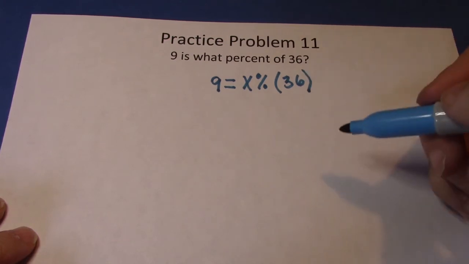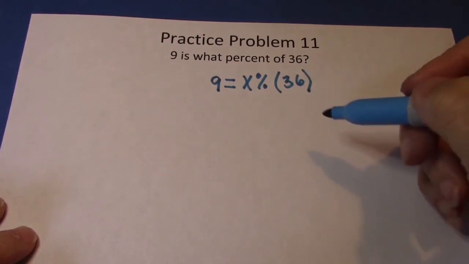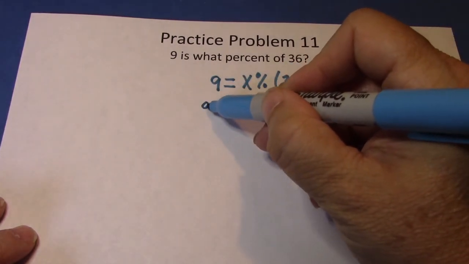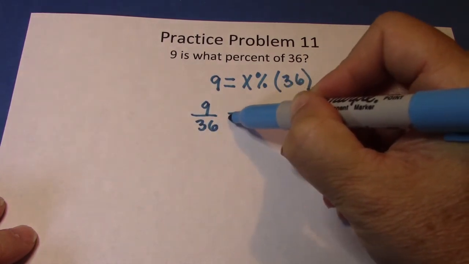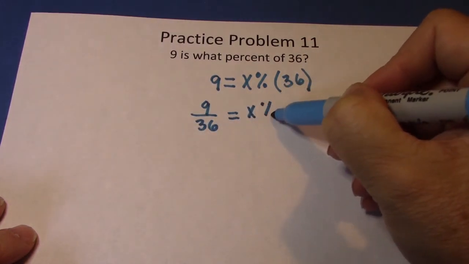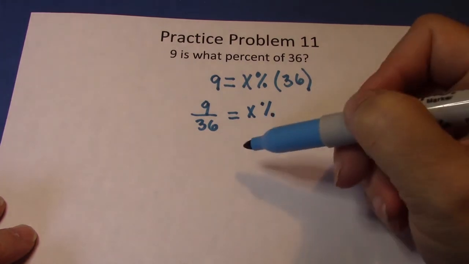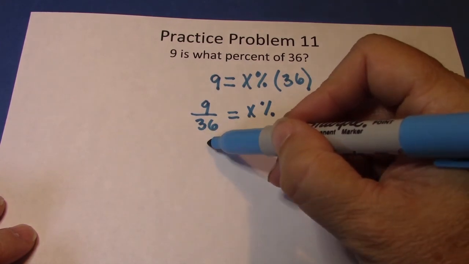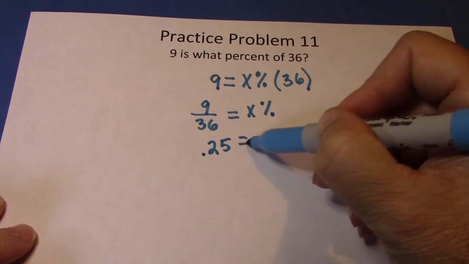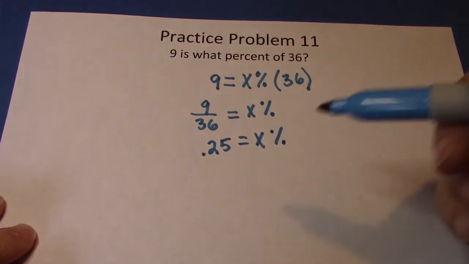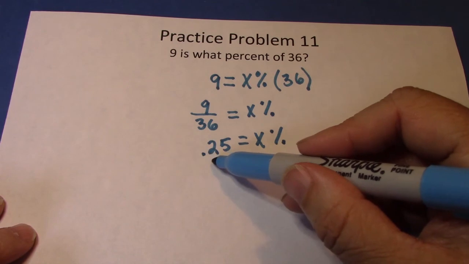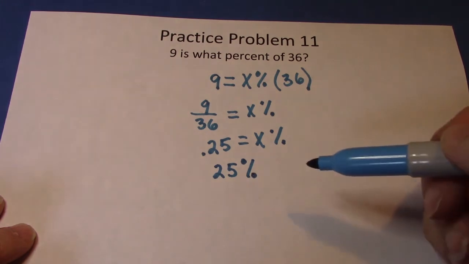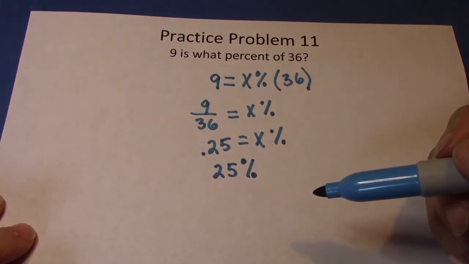And again, we haven't solved equations yet until another section, but I know that we need to divide both sides by 36 to get x percent all by itself on one side. So if I actually do that division, I will come up with 0.25, and to convert to a percent, I need to move 2 places to the right and add the percent sign. So the answer is 25%. 9 is 25% of 36.